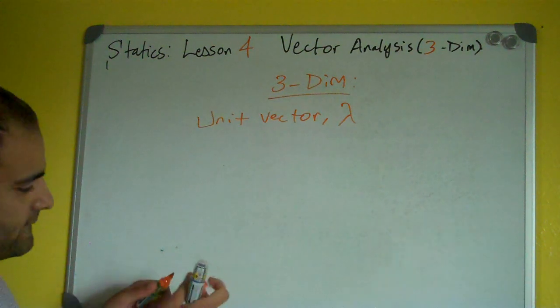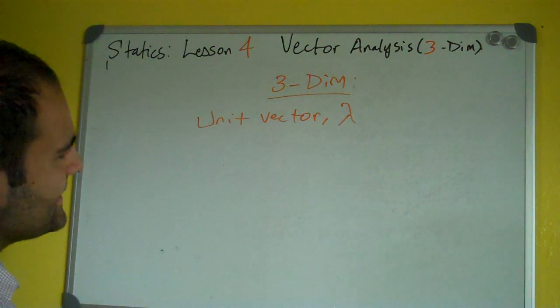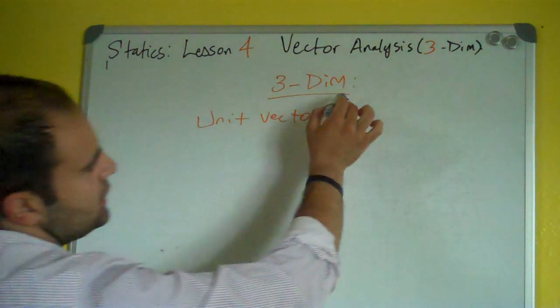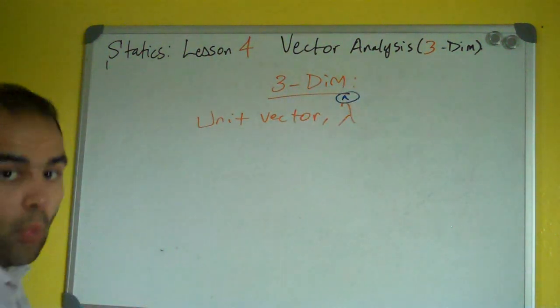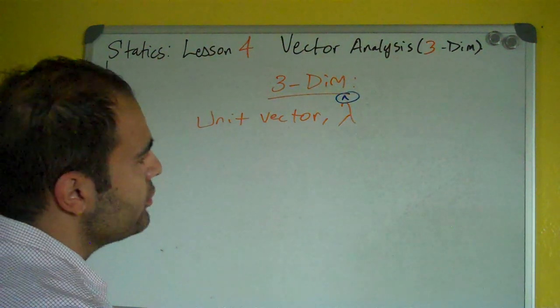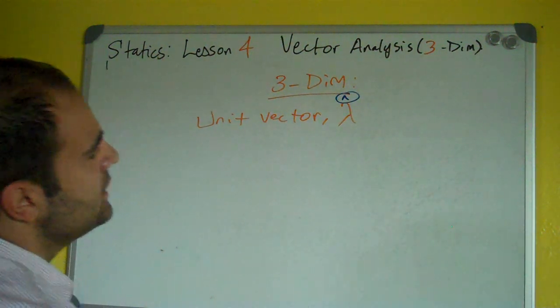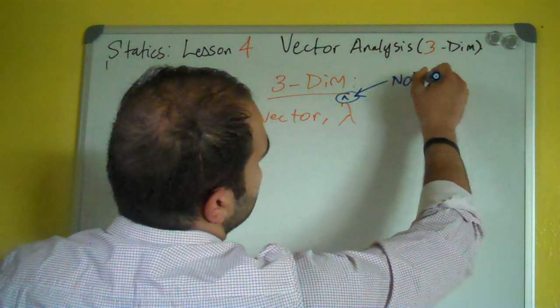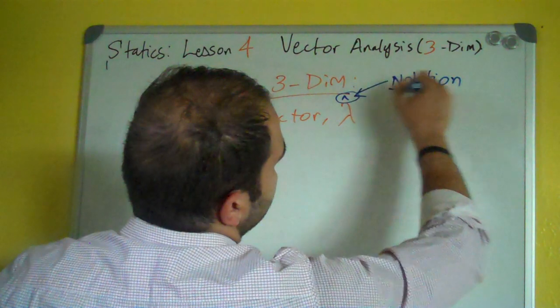So the unit vector is defined as lambda hat, and this is one of the things that you need to care about when it comes to a homework assignment or a test, notation wise.